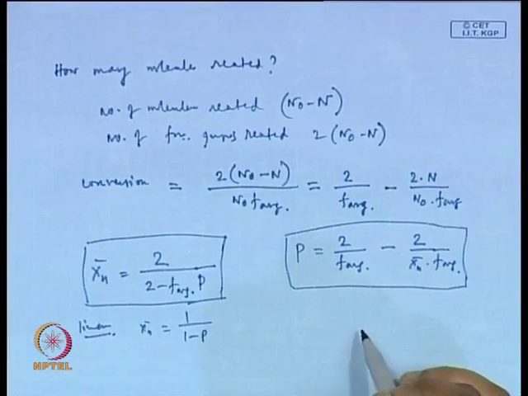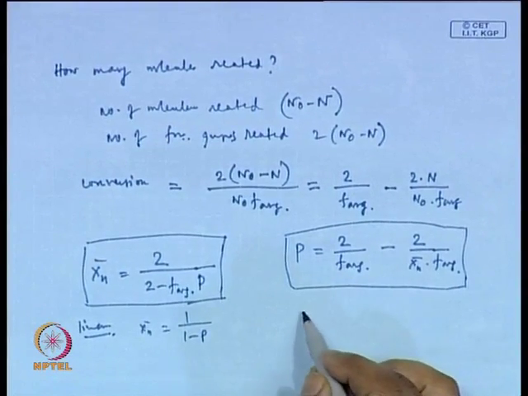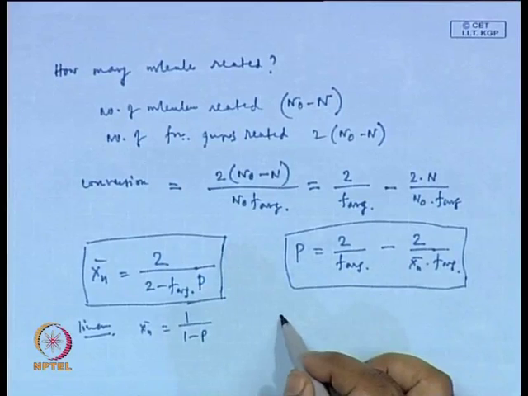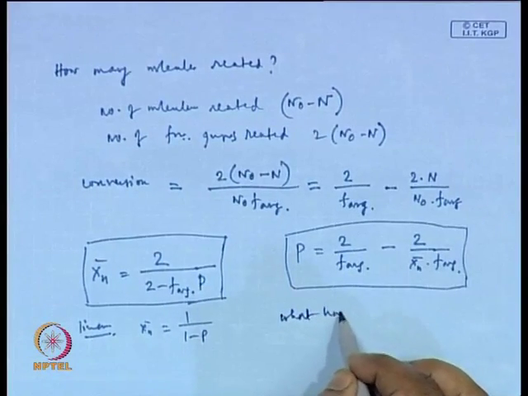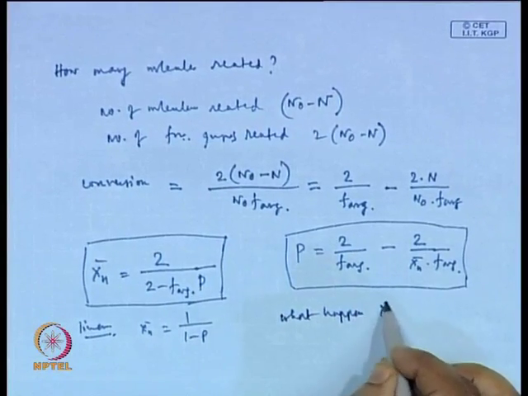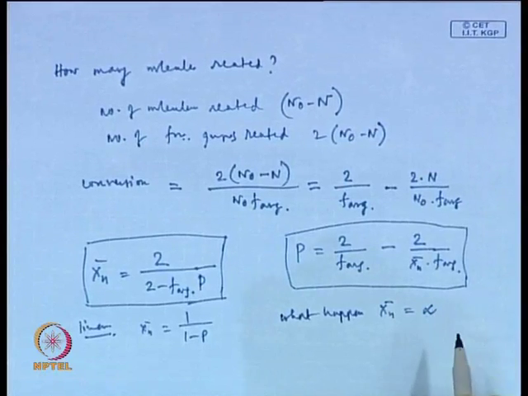Now, what happens when Xn is infinity? When can Xn become infinity?